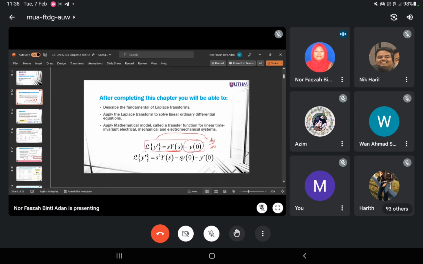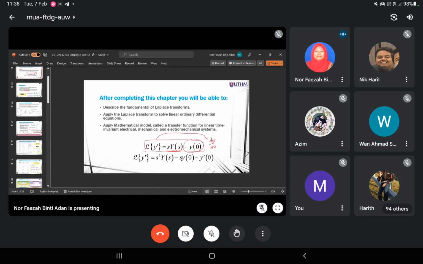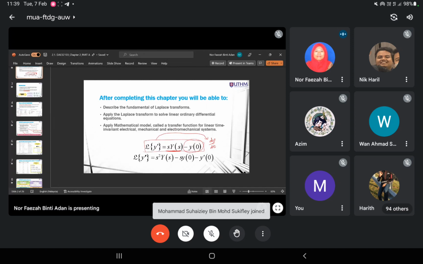But if the question gives values for initial condition, contohnya dia bagi y(0) equals to 1, so when you want to do solution, then you have to put the initial condition. Tapi kalau soalan yang doesn't mention values of initial condition, then we will assume initial conditions are 0, or sometimes soalan tu akan bagi tahu initial conditions are 0.